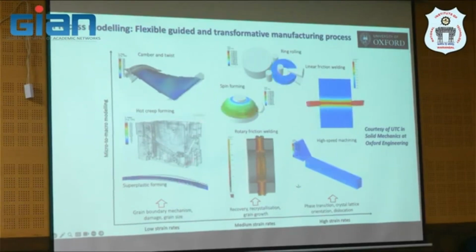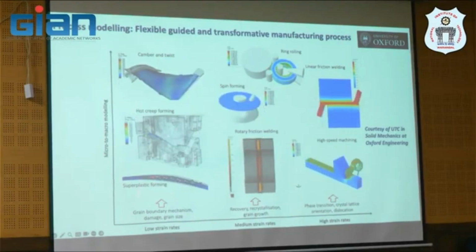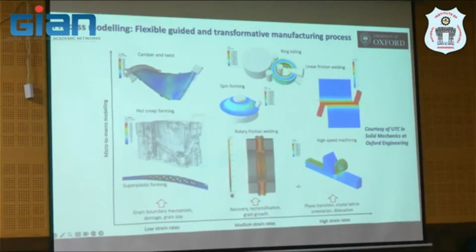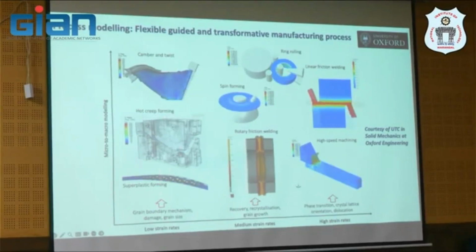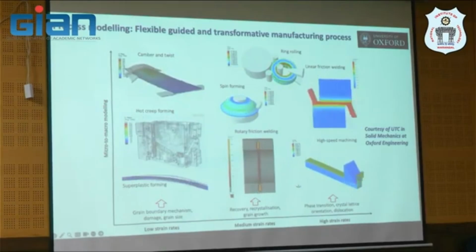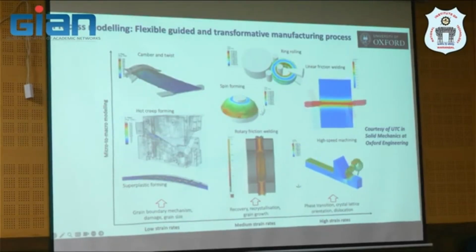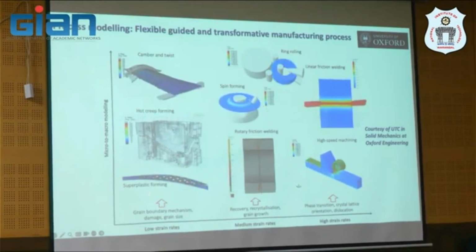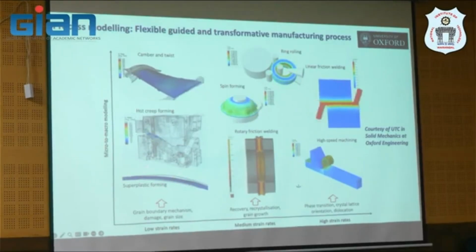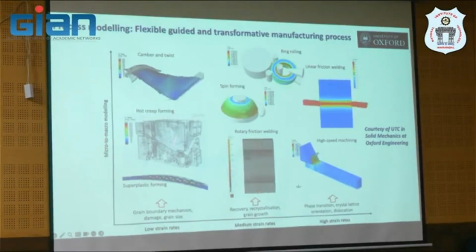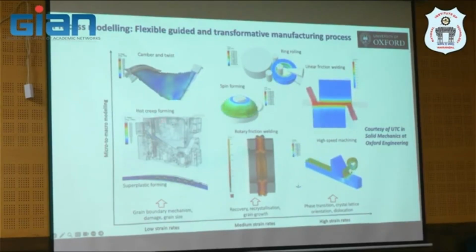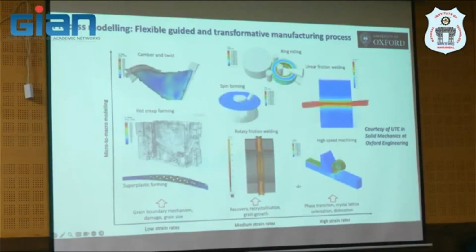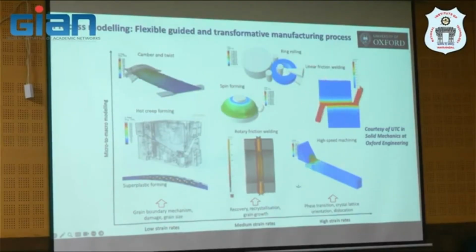And if you want to look at plastic forming, superplastic forming for the titanium 6-4 alloy fan blade, you need to take care of probably some phase change, solid-solid transformation. Or when you twist this one, this is hot creep forming. And then there are some other specific processes which are subject to very high value added manufacturing.